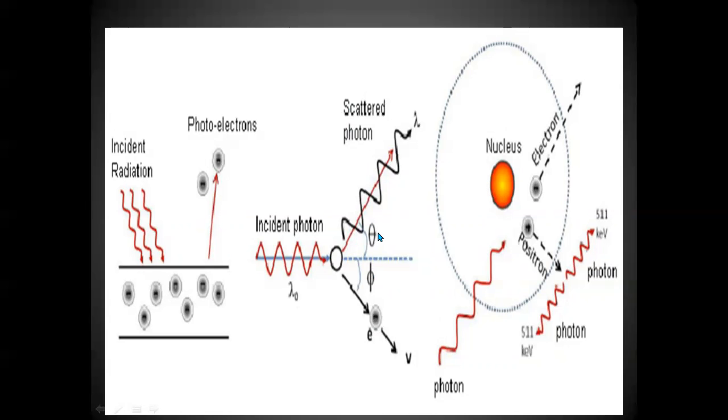Now what I want to explain to you is that the energy in the incident photon is actually equal to the energy of this scattered photon plus the energy possessed by this electron.